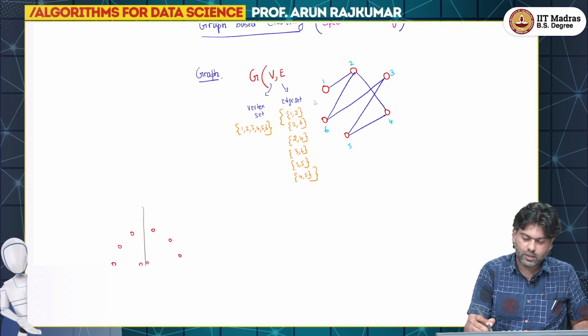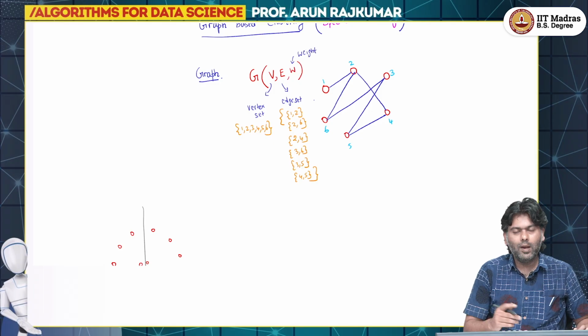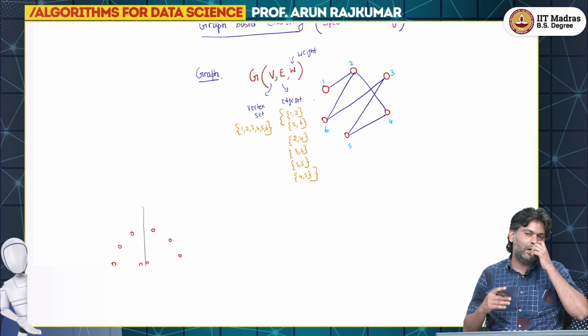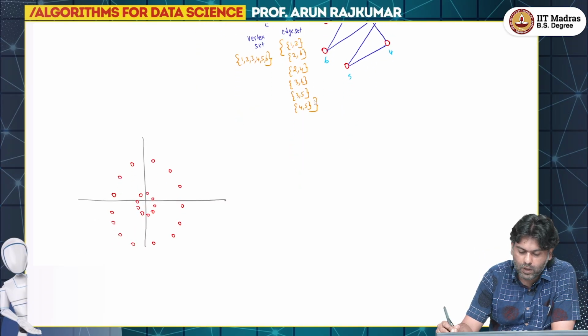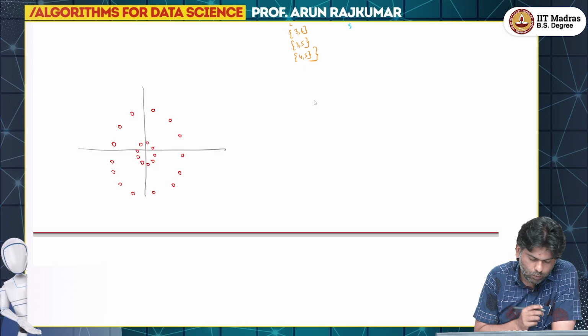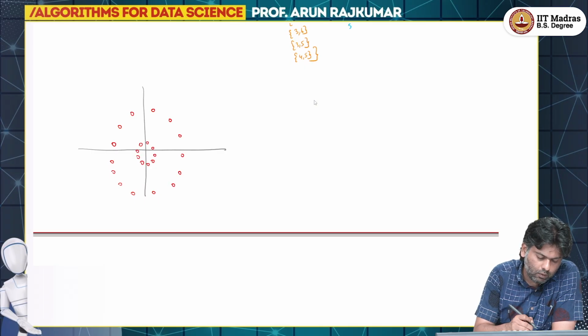So these are the weights. Not all edges are treated equally; some edges weigh more than some other edges, let us say. Now, what might happen is I might want to weigh the edges.